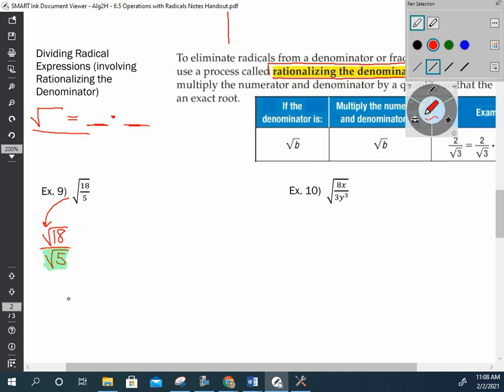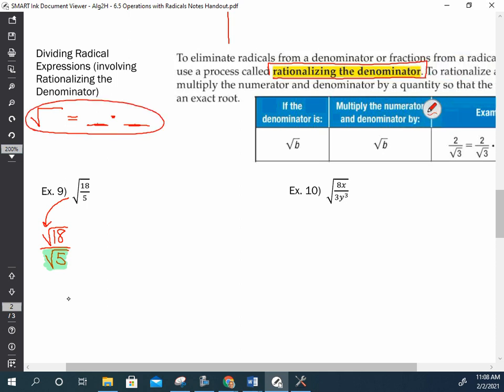Since a square root is something times itself, if we multiply the square root of 5 times itself, then we should have something that allows us to cancel it out. So we're going to multiply the denominator by the square root of 5 and see what happens.